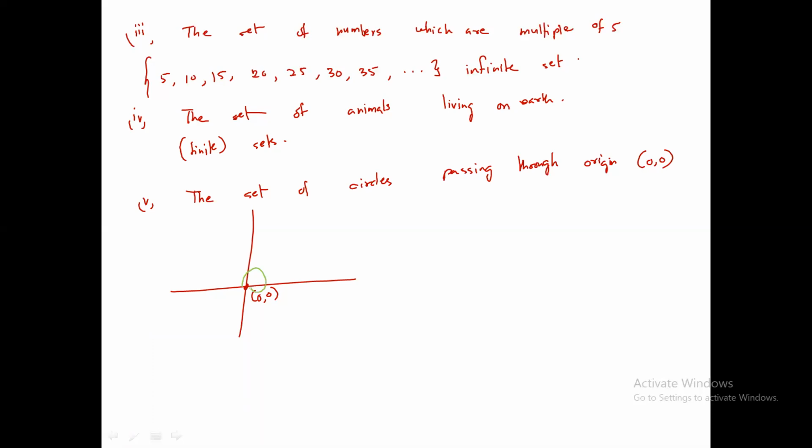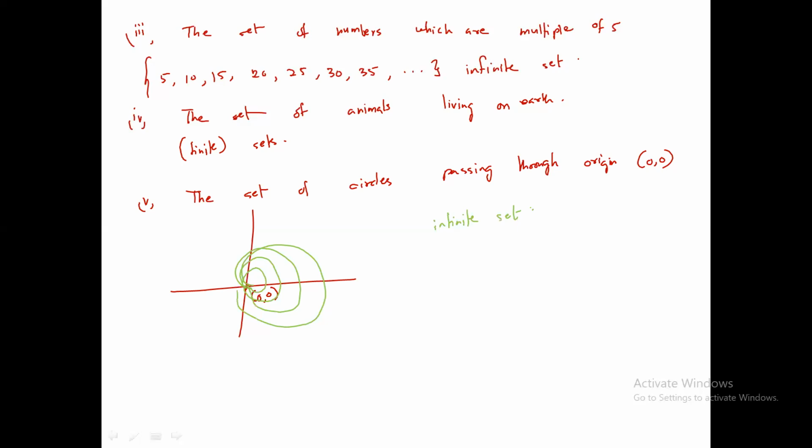You can draw many circles passing through origin. We can't even make a list. So this is an infinite set.